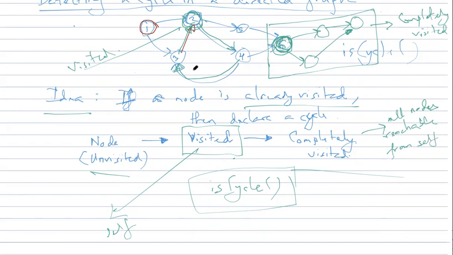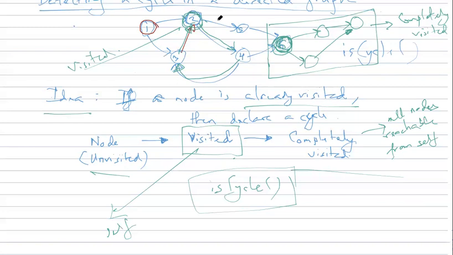Yeah, kind of. So therefore, in the process of visiting, in the sense that you are not yet completely visited, right? You have just got yourself in the visited status, but you have not yet gotten the completely visited status. And that is why there is a scope for finding the cycle. If you have completely visited the node, that means there is no scope for you to find the cycle, right?